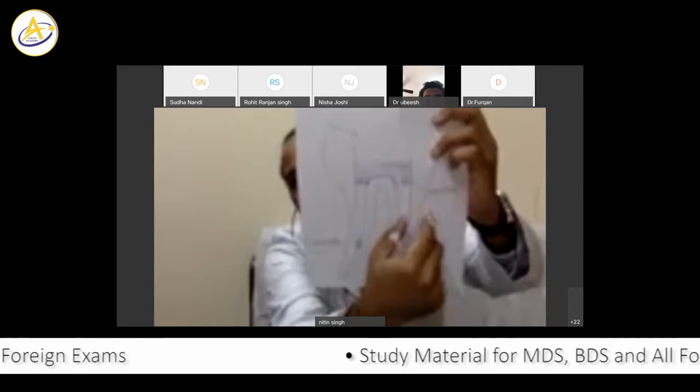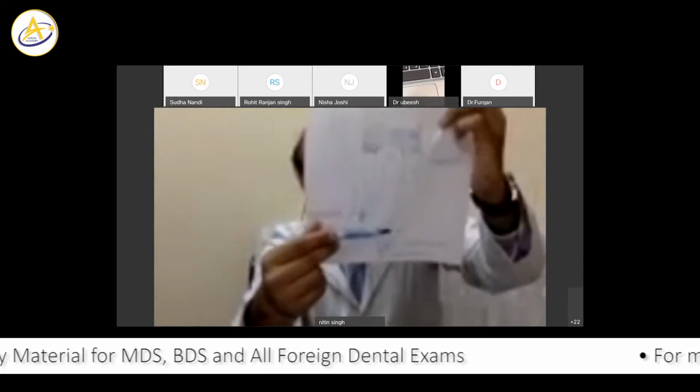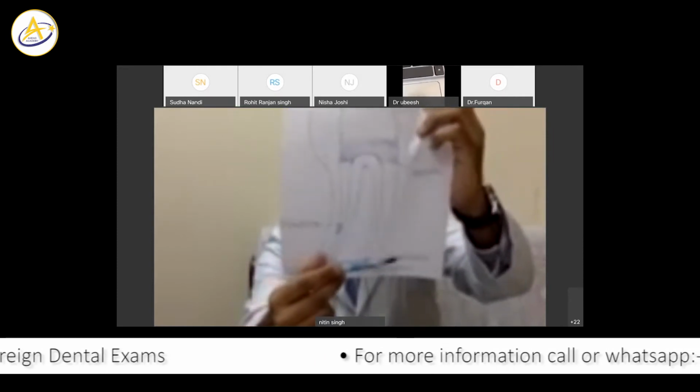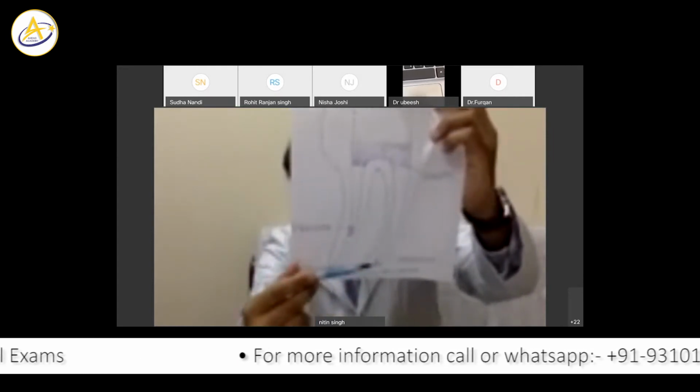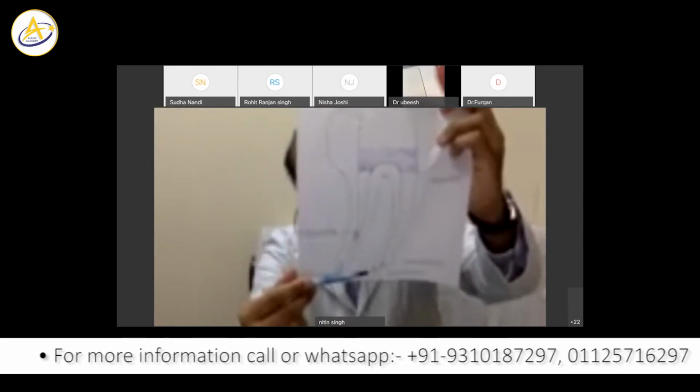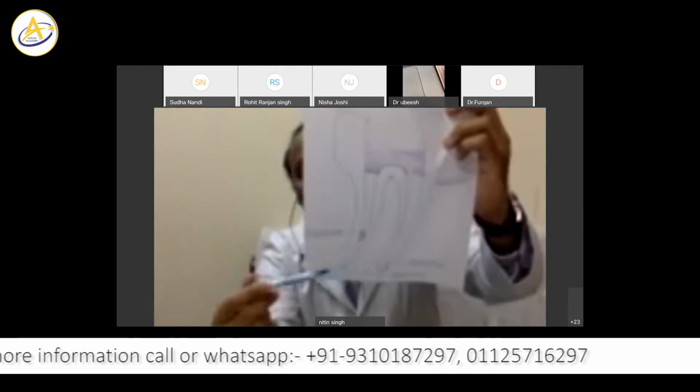As you can see, the canal is quite broad on the upper aspect. As you keep moving apically, further apically, the canal is a bit constricted and getting narrow. It becomes very narrow at a point, which is known as the apical constriction. Then the canal flares up a bit again and exits at the tip of the root, which is called the apical foramen.